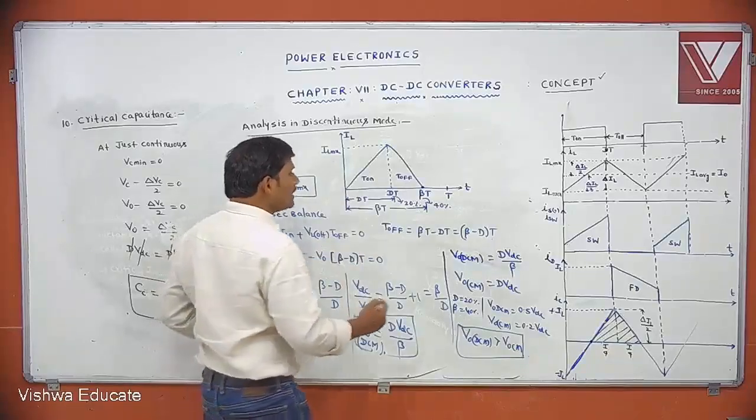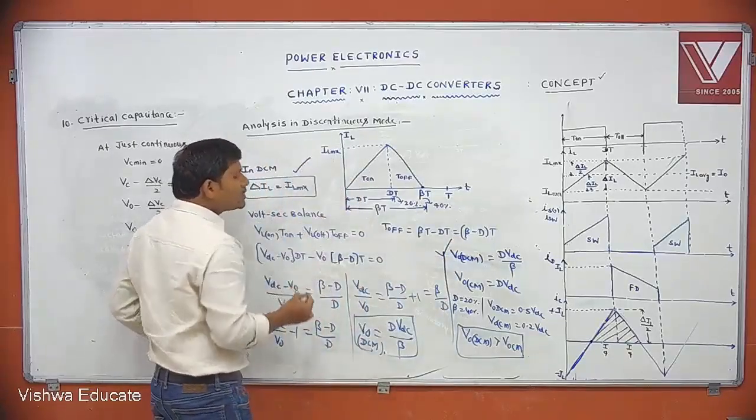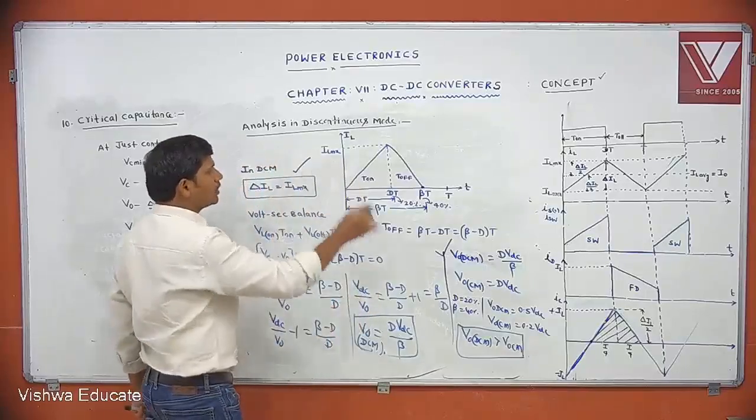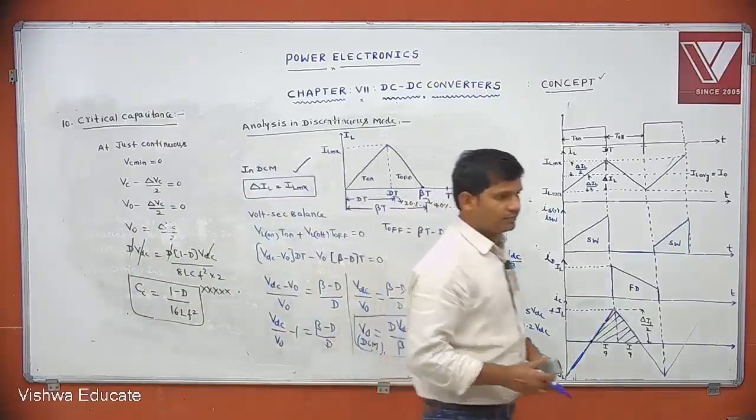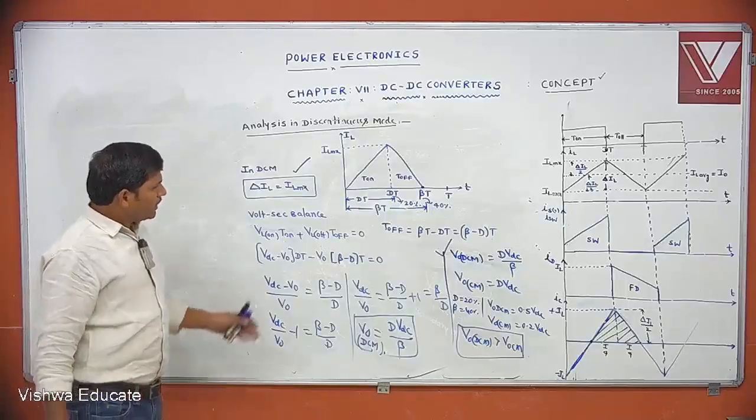What is the formula for delta IL in discontinuous mode that you remember? Then we can do any analysis.